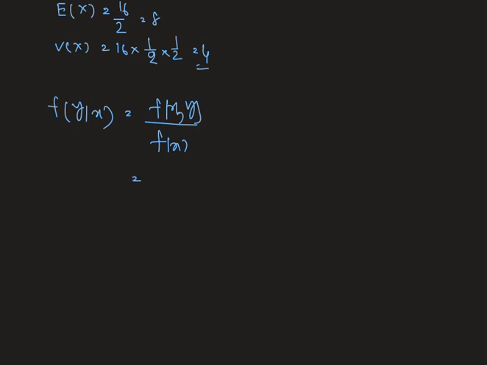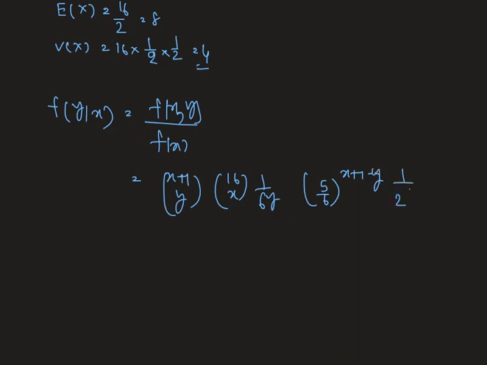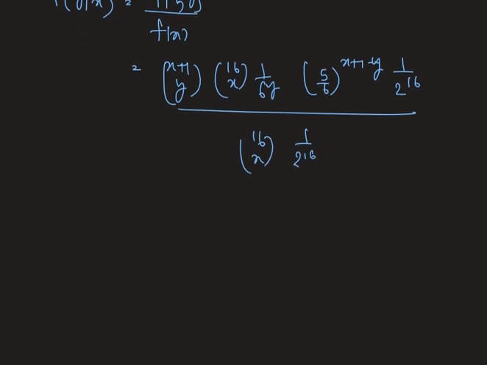Now this reduces to x plus 1 choose y multiplied by 16 choose x multiplied by 1 by 6 to the power y multiplied by 5 by 6 to the power x plus 1 minus y multiplied by 1 by 2 to the power 16, divided by 16 choose x multiplied by 1 by 2 to the power 16.